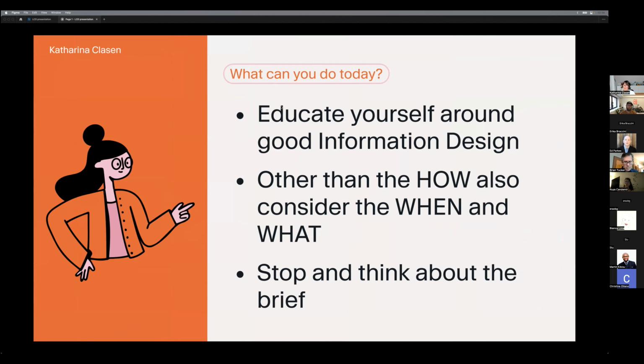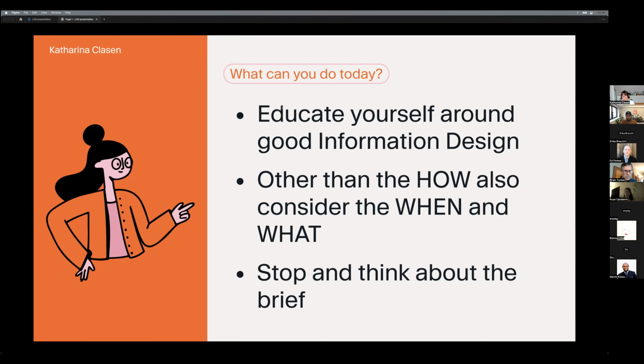Of course, we need to know how to provide information in a way that people know what they need to know in the specific situation, so that the information actually has the effect that we need it to have.